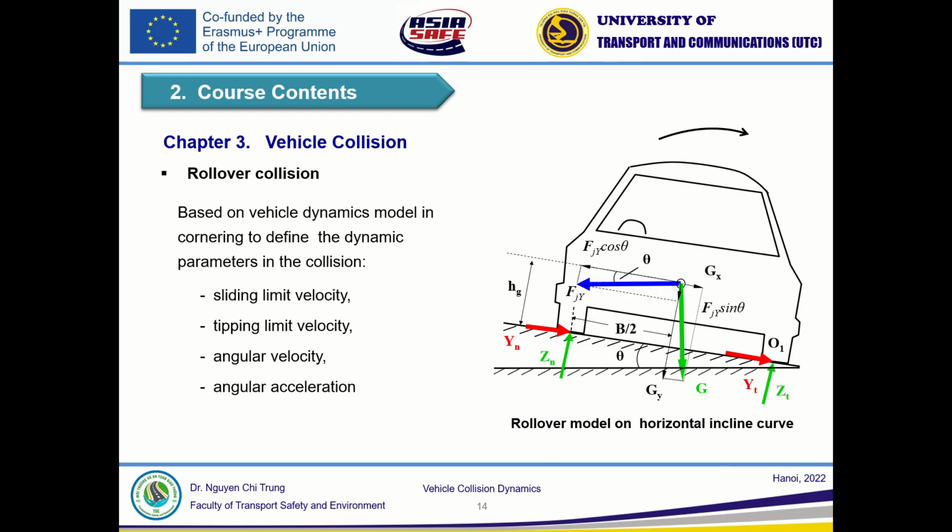And the final, rollover collision, based on vehicle dynamic model in cornering to define the dynamic parameters in collision: sliding limit velocity, tipping limit velocity, angular velocity, and angular acceleration. Here is a rollover model on a horizontally inclined curve.